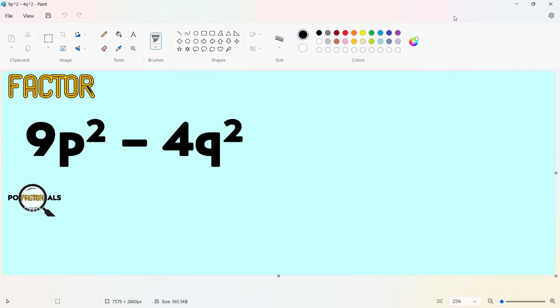Looking back to our guide earlier, the first type of factoring we always need to consider is a common monomial factoring, regardless of what type of polynomial it is. Then, afterwards, we are going to consider the remaining factors if we could factor them further. Here, 9p squared minus 4q squared is a binomial.